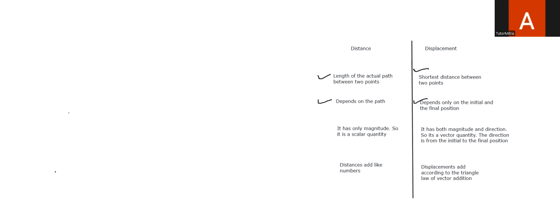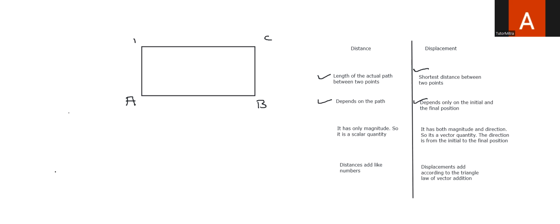Now, suppose a particle moves in, say, a rectangular path. Say the particle starts from point A. This is the side of the rectangle ABCD. This is 4 meters, say. This is 3 meter.